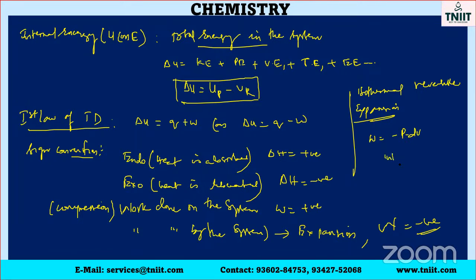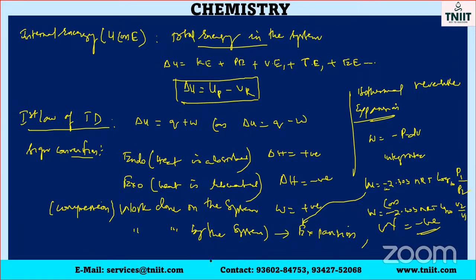If we integrate this, we get work done as W equals minus 2.303 nRT log to the base 10 of P1 by P2. Or this can also be written in terms of volume: minus 2.303 nRT log to the base 10 of V2 by V1. This minus sign indicates work is done by the system. If work is done on the system, W becomes positive.